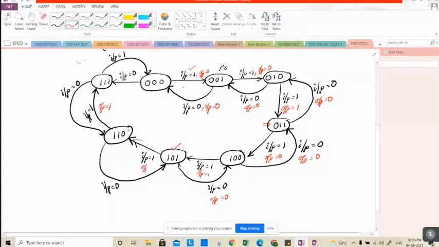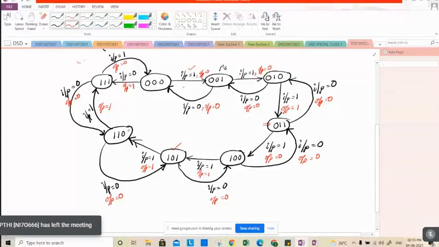Here output is equal to 1, and here output is equal to 0, and here output is equal to 0 again. So here output is 0, and this is output is equal to, now what is the output here, 1 or 0? Whenever we are moving from 0 to 7, what is the output value here? It should be 1. Is it clear for everyone, or any doubts here?